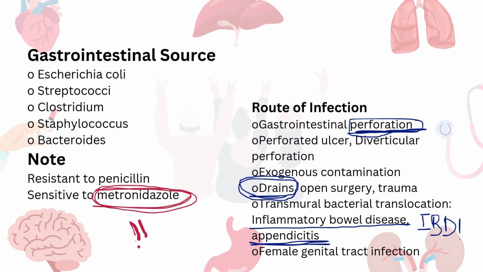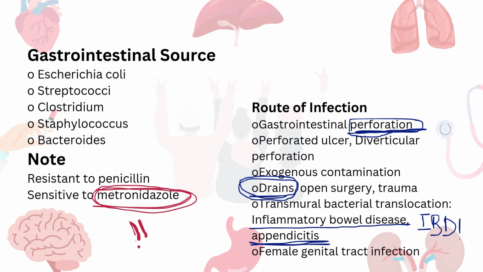The route of infection could include the gastrointestinal, or exogenous contamination, like for example when you are placing drains, when you are doing surgery, when some foreign body comes and produces trauma in the abdominal cavity. It could be due to transmural bacterial translocation, like for example when you have inflammatory bowel disease or appendicitis.